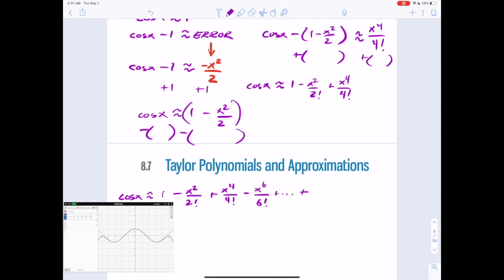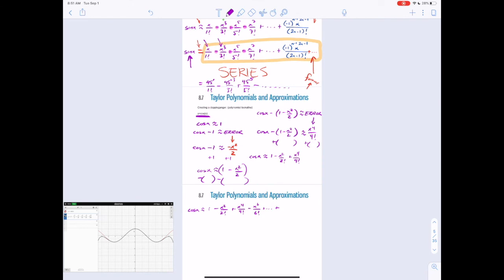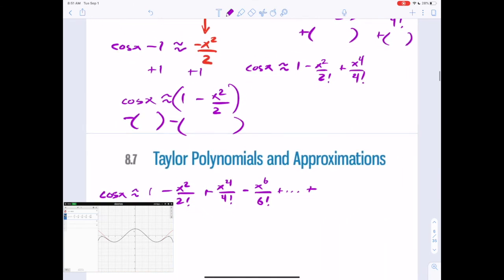And then we have our general term here. Your general term is going to be very similar to what you guys had with the sine function. Okay? Now, we know it's going to alternate, so we know it has to have negative 1 to the something. Right now, I'll just put n minus 1, just as a placeholder, okay?